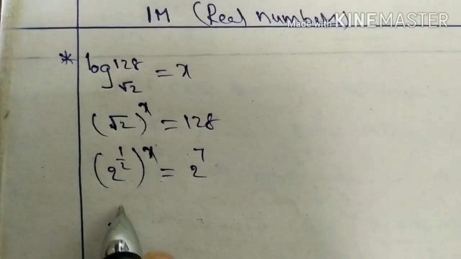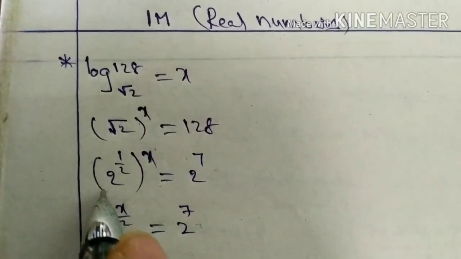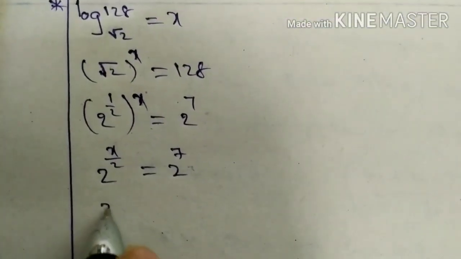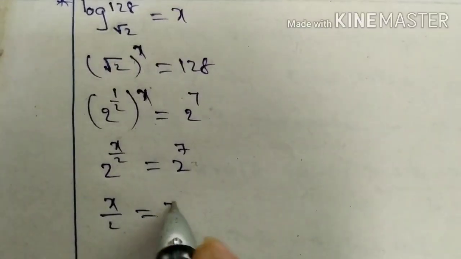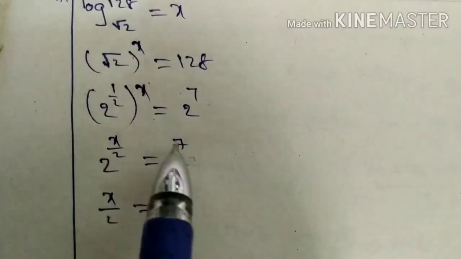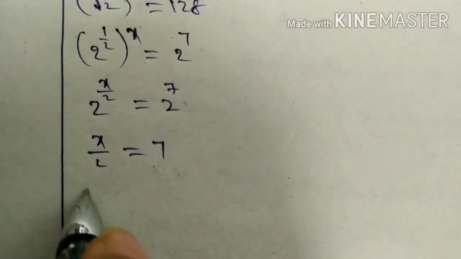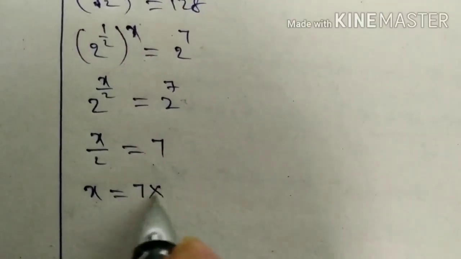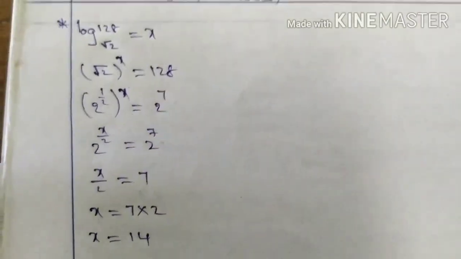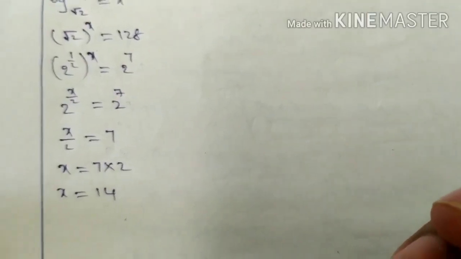So 2 power x by 2 is equal to 2 power 7. Now x by 2 is equal to 7, since a power x is equal to a power n means x is equal to n. So x is equal to 7 into 2, 7 2s are 14. Same model, these are all 1 mark questions from previous papers.